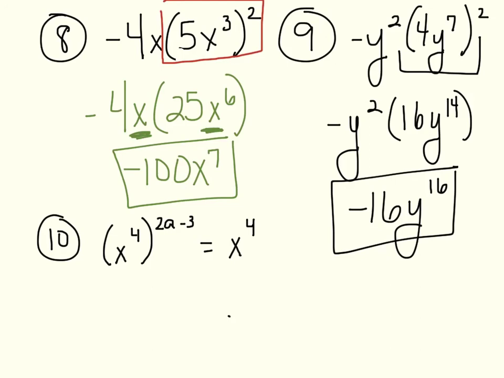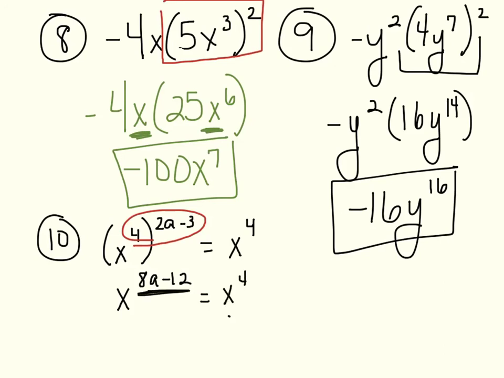So I have to find the value of a. All you have to do is use the same rules in order to write an equation. Power to a power, I multiply them. That gives me x to the 8a minus 12. All I do is take 4 times 2a and 4 times negative 3. I'm distributing a 4. Equals x to the fourth.